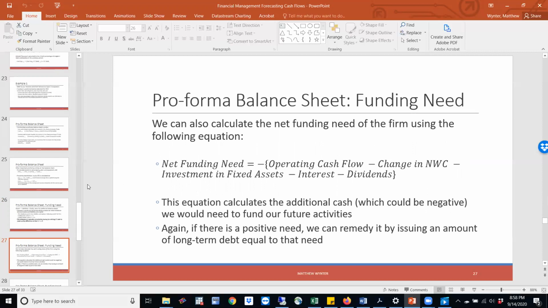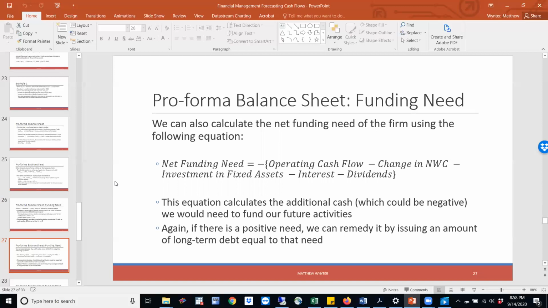Lastly, from our pro forma balance sheets, we can also figure out what our net funding need is. That net funding need is going to be the negative of our operating cash flow, minus our change in net working capital, minus our investment in fixed assets, minus our interest, and minus our dividends. This equation calculates the additional cash, which could be negative, that we would need to fund our future activities.